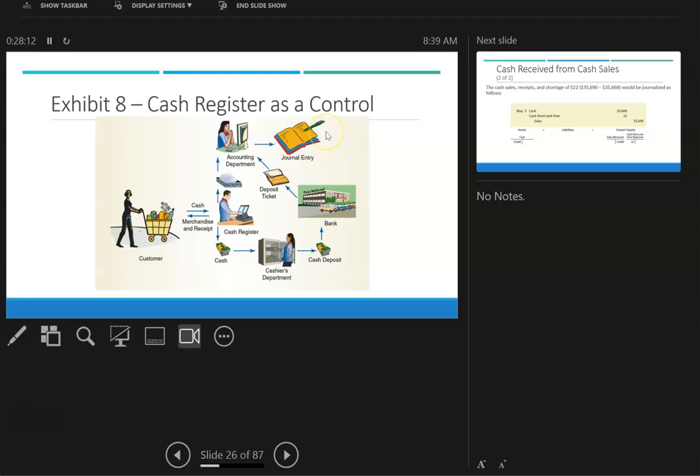The accounting department controls the paper flow, but someone else is going to handle the actual cash. So these two procedures are handled separately. Whoever counts the cash and takes it to the bank is going to be a separate department from the accounting department that's reconciling.